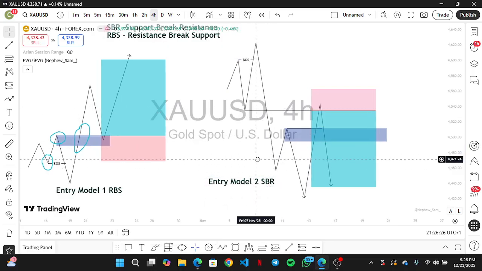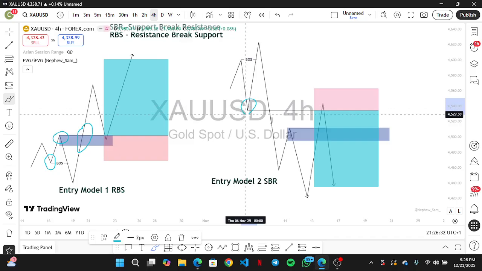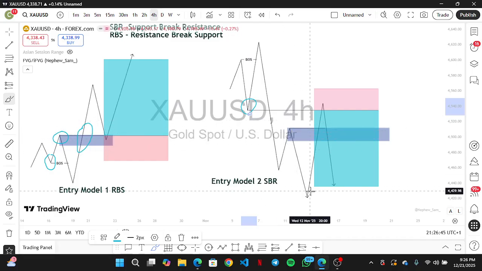SBR, support break resistance. This is the support level here, the same way I marked it out for the RBS. Price went up from here, then came back down here, and then it failed to go up again, came down, went down again. This created some kind of liquidity level, inducement.